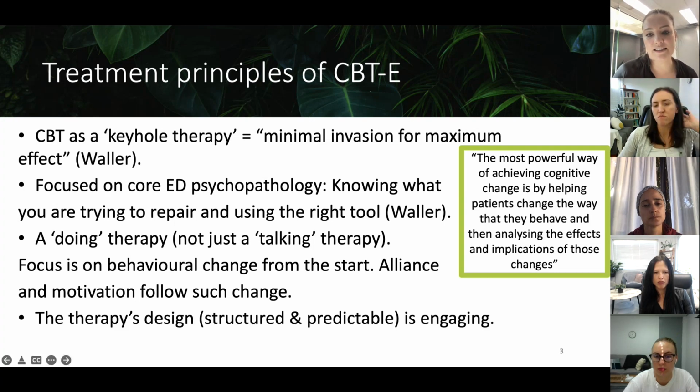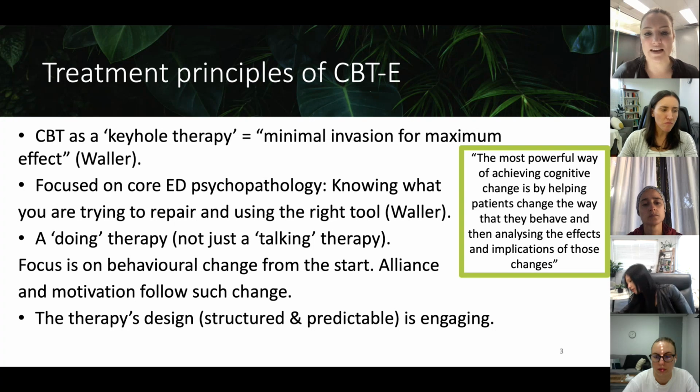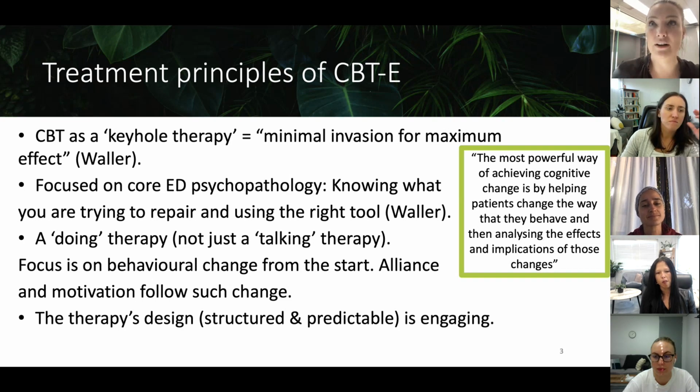And the therapy itself, as structured and predictable and persistent as it is, is designed that way and is intended to be engaging in and of itself. So it matches some of the characteristics and the needs of clients in those early stages of their treatment. I had one client in particular tell me, I think lightheartedly, that I was as rigid and persistent as her anorexia.